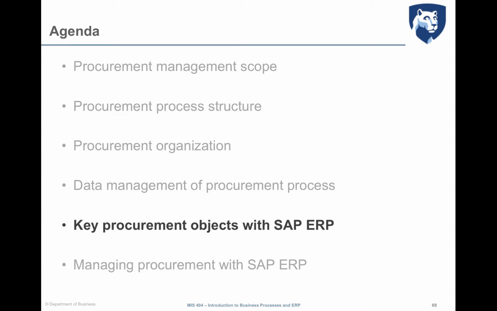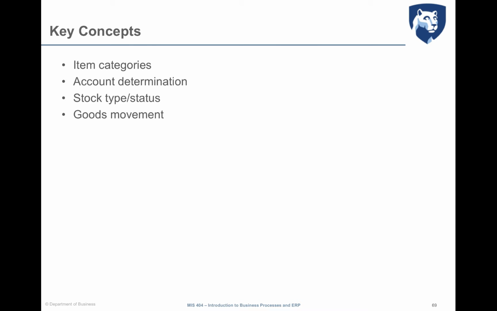Before discussing in detail how to manage and execute procurement activities using SAP ERP, we need to discuss some key concepts that are essential to understanding how this process will work. In particular, we need to focus on how materials are purchased, meaning describing the item categories, then how they impact financial accounting, so how their impact on financial activities is recorded, and we will deal with account determination.